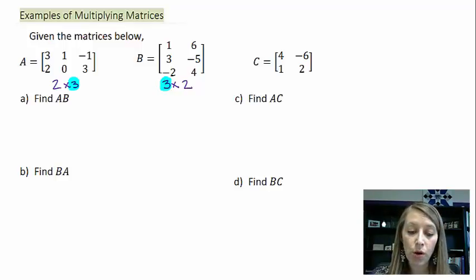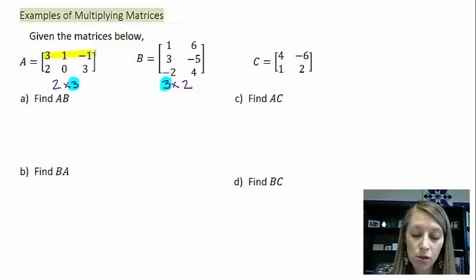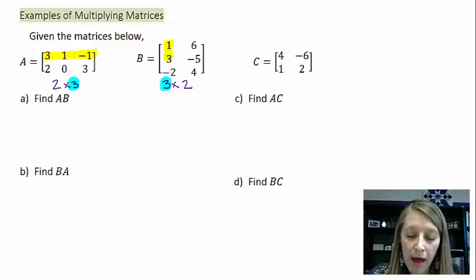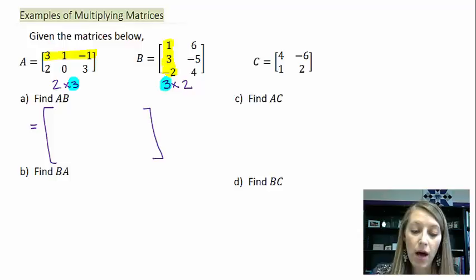So the way that this works is I'm going to take this row to start out with and I'm going to multiply it by this column. So I multiply the row of the first by the column of the second. So I'm going to write all of this out here. Okay. Now, I know that I'm going to end up with a 2 by 2 matrix.